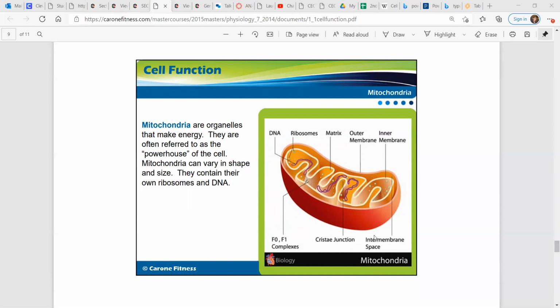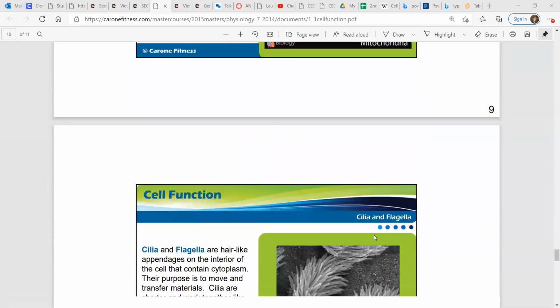They can vary in shape and size, and they contain their own ribosomes and DNA. The story behind mitochondria and how they kind of do their own thing within our body is really interesting. If you want to study more about mitochondria, I can show you some resources, but they're very special.